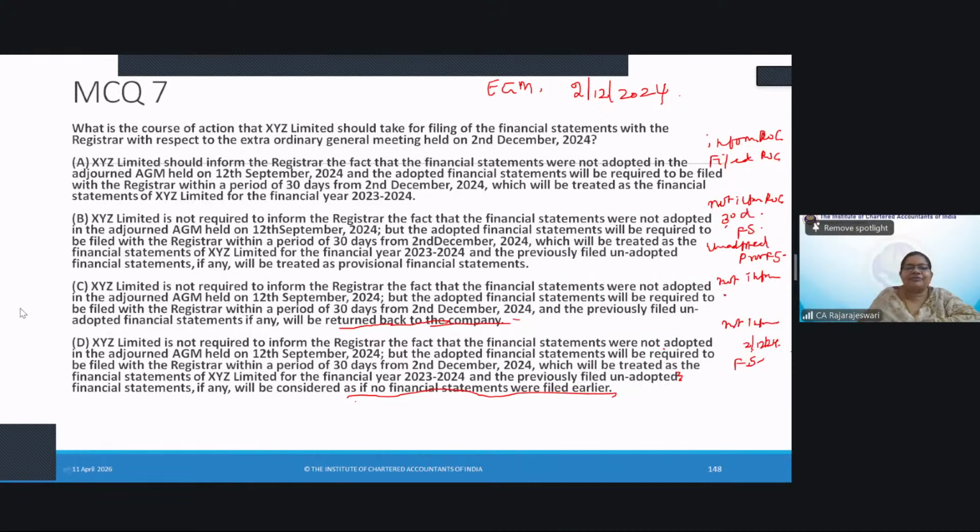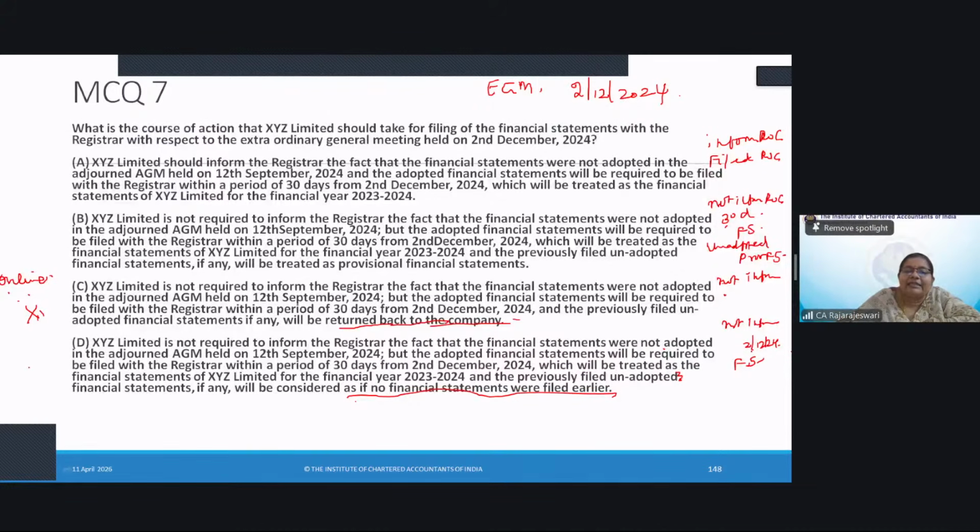I will explain. See, there is no concept of returning back the financial statements to the company. Now it is done online. Whatever the situation, the ROC will not return it back to the company. That is not possible. That is not done.